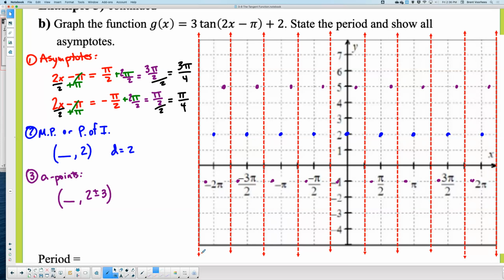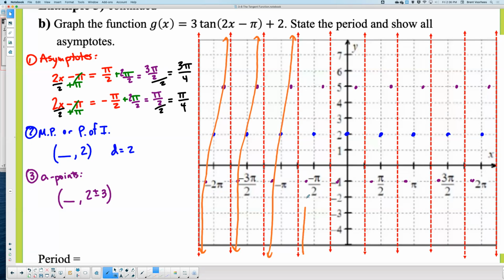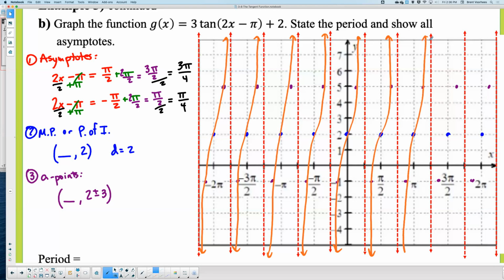All right, so we go to connect these. Almost there.